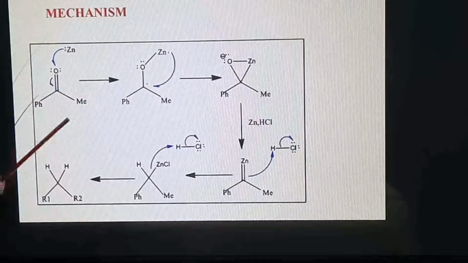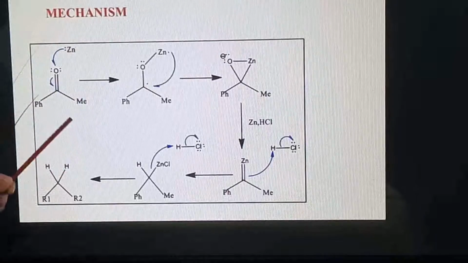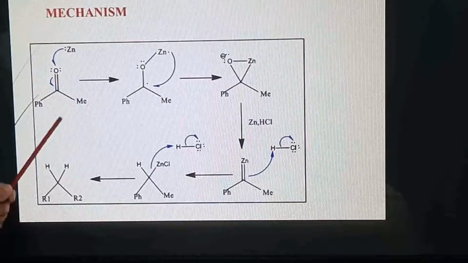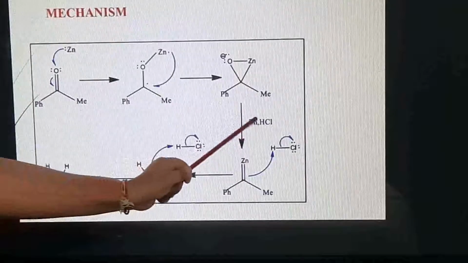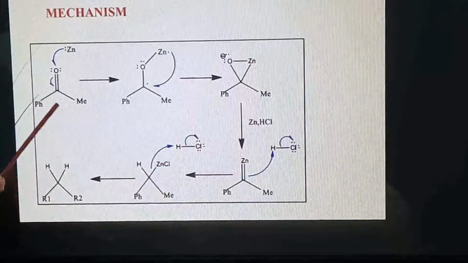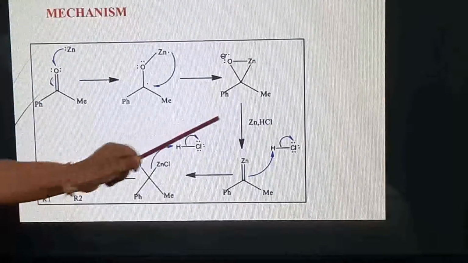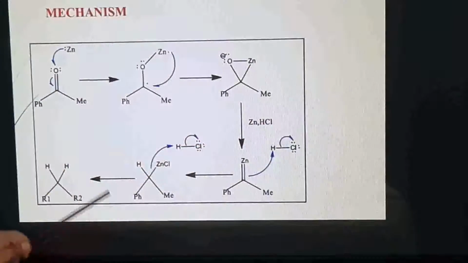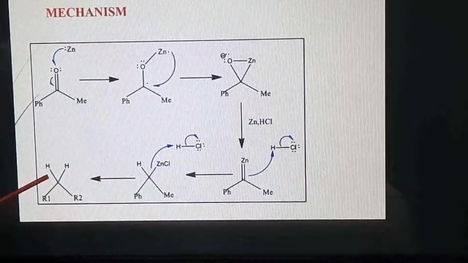This is the actual mechanism of the Clemmensen reduction in the presence of zinc amalgam and acid. Whereas the Wolff-Kishner reaction takes place in basic KOH condition. We can see that in later slides.